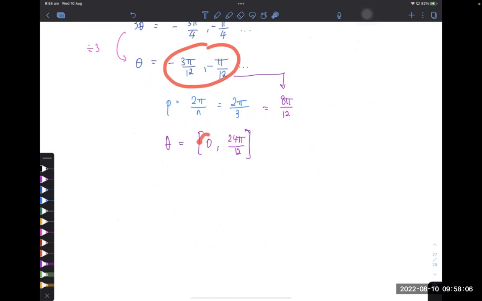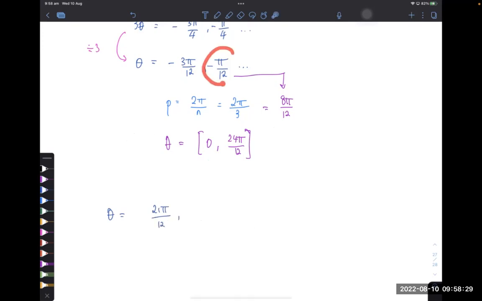Now I can see those are negative. They're both sitting outside. So I just need to add the period to this first solution here. So negative 3 pi on 12 plus 24 is 21 pi on 12.